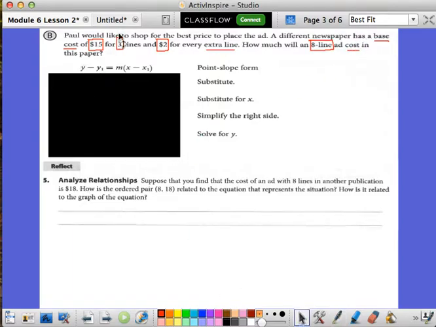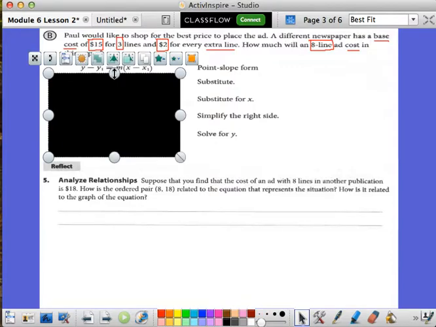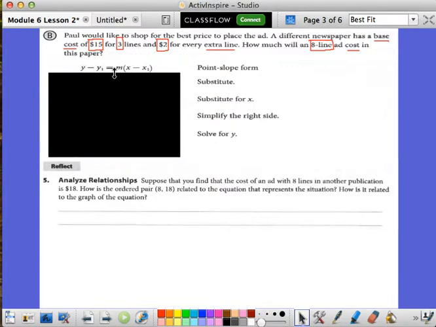All right, so in this case, we need to figure out our slope. Now, this is where it's confusing because 15 over 3 is not my slope, okay? 15 is the initial fee, right? It's the initial rate.